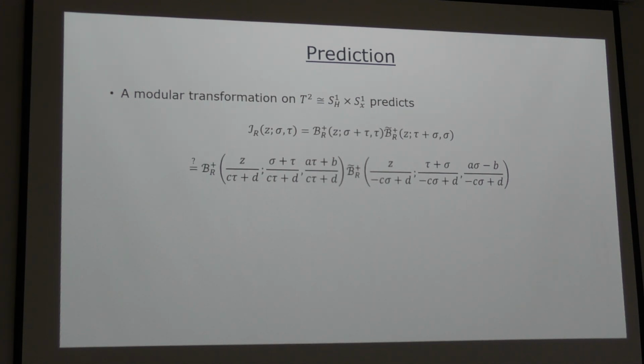I didn't understand that. I thought the trace is the path integral. Why is it not? No, it's the path integral up to a phase. You do the path integral on S3 cross S1. That is the trace. Why is it not the trace with the right boundary conditions on the S1? Yeah. You're saying this phase is somehow coming from there.